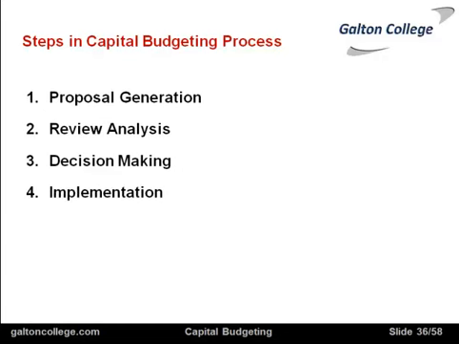Once you've made a decision, then it's got to be implemented, and the process of implementation has to be set up, agreed, and worked on. And then to ensure that the implementation was effective, there's got to be follow-up. So those are essentially the steps in the capital budgeting process.